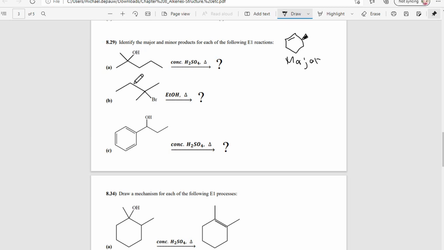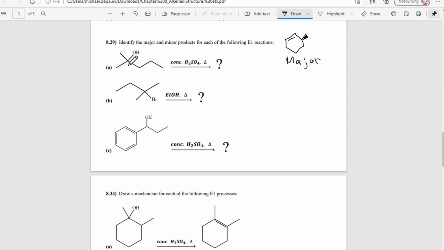Anytime you have E1 or SN1, you can have carbocation rearrangement, so you do want to watch for it. But in this case, you will not have to worry about it for this particular problem.